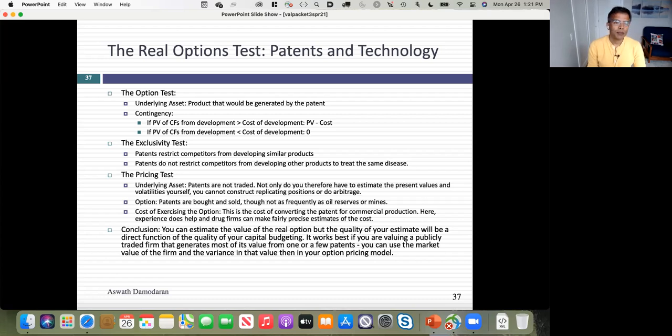Any questions about patents, licenses? So if I gave you an exclusive license to serve beer at Yankee Stadium, it's an option, right? You get exclusivity unless people sneak in beer, which I don't think they can that easily. And you can value that exclusivity. And guess why you need to value it? Because you don't get this license for free.